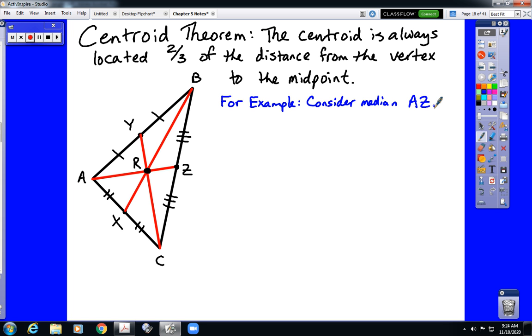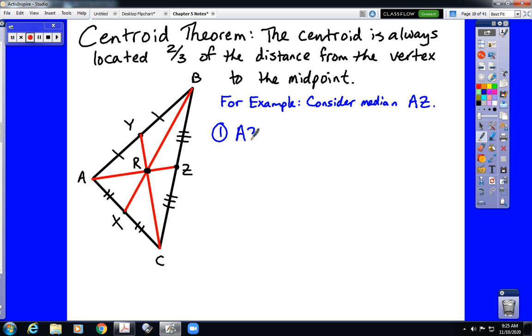AZ contains point R. Our segment addition postulate tells us that AR plus RZ equals AZ. Notice that R is going to be exactly 2/3 of the way from A to Z.